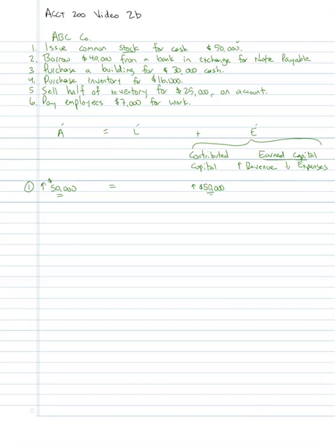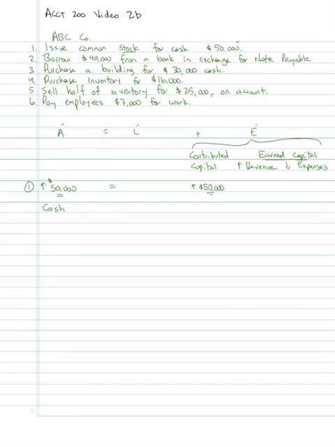To record this analysis in accounting form, what we'll do is we'll create a journal entry. A journal entry will have a debit of $50,000 to cash and a credit of $50,000 to equity. So we record our debits all the way on the left.